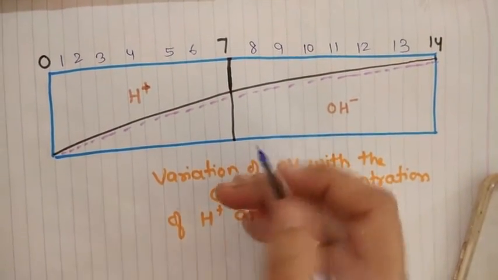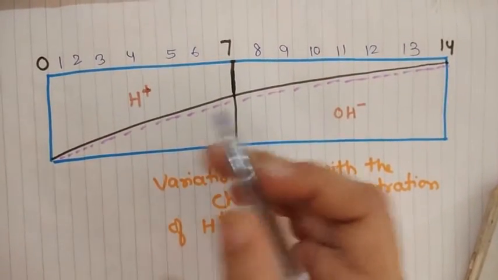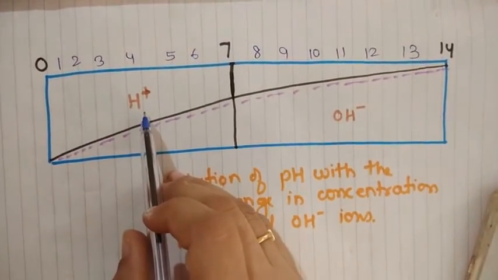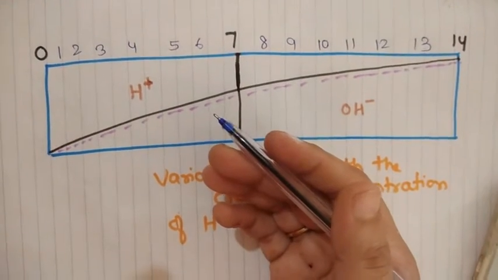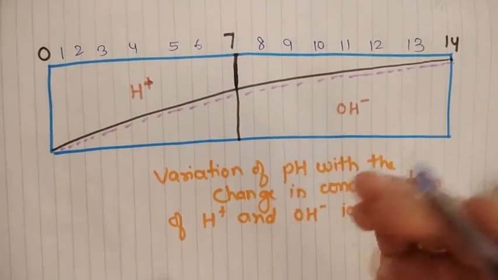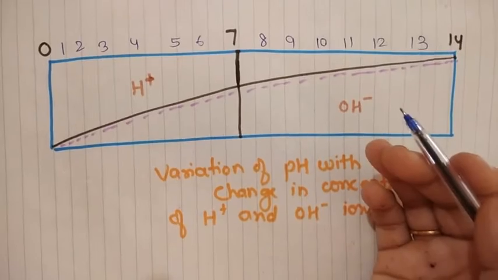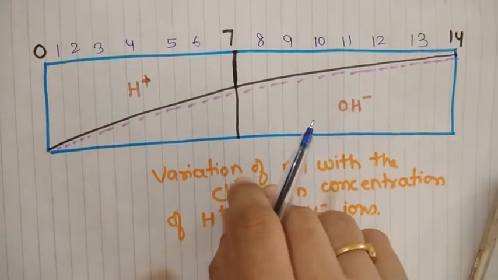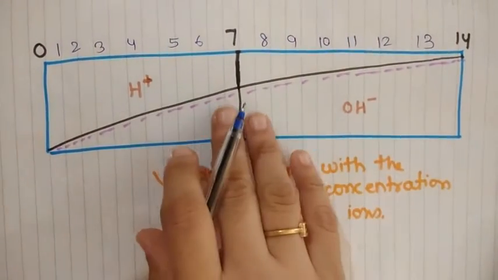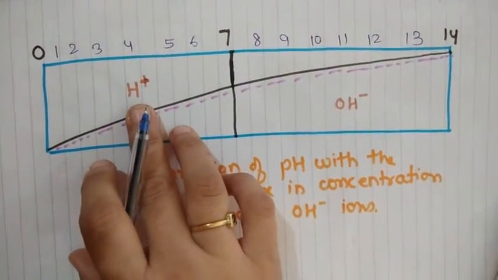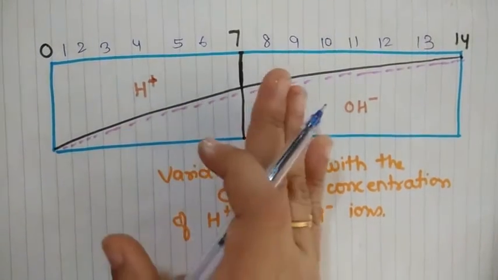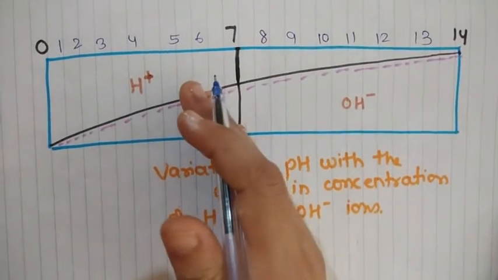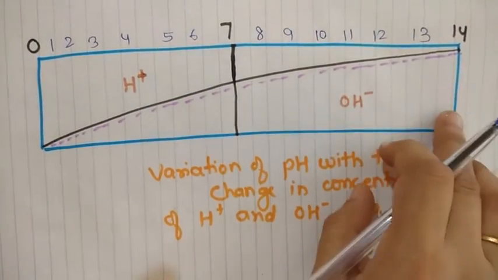Because we know that acids are those which give out hydrogen ions when dissolved in water, and bases are those which easily give the hydroxyl ion when dissolved in water. On the basis of this definition given by Arrhenius, we can identify the concentration of H plus ion in an acidic medium, and the concentration of hydroxyl ion in a basic medium.